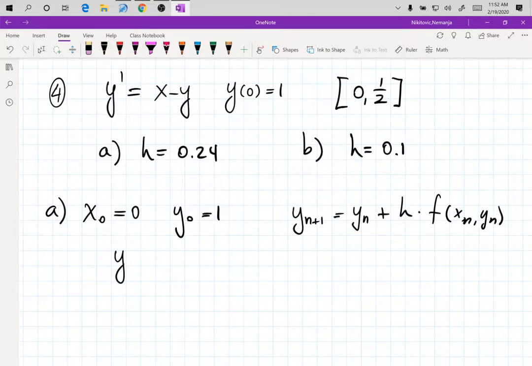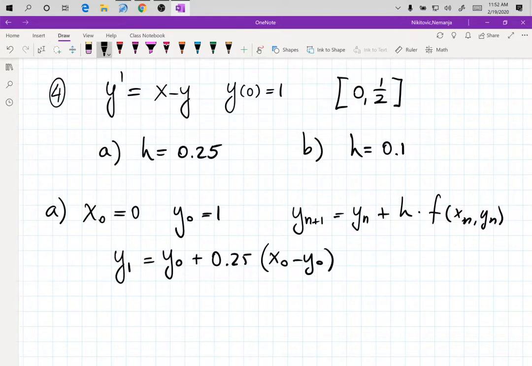So this formula is going to change into y1 is equal to y0 plus h, which is 0.25, times x0 minus y0. So when my n is equal to 0, that's what I have as a first calculation.